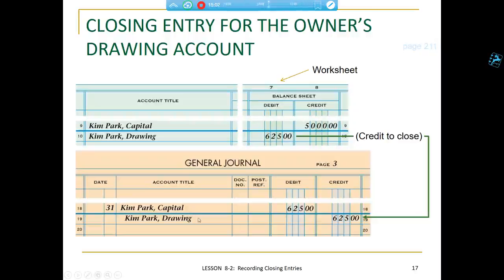And in order to close it, I'm going to credit my drawing and I'm going to debit my capital, which makes perfect sense because we know that the drawing has a negative impact on our capital account. So we're going to debit our capital account to reduce the balance in our capital account by the amount of the drawing. Is this making sense? 5s, it makes sense. 3s, 2s, all right, you guys seem like you're good. Okay. Those are the steps.